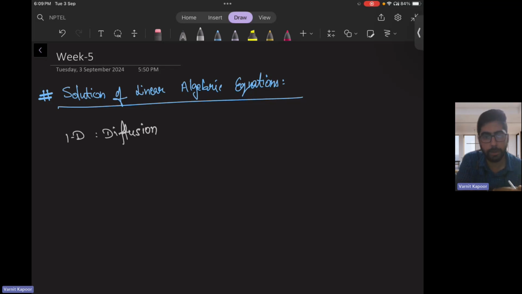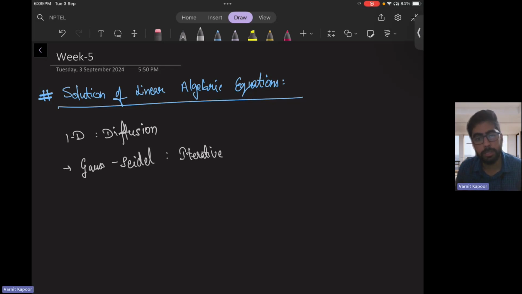Gauss-Seidel is an iterative method to solve, where you guess the values initially, and then you update the values. Next is the Gauss elimination method, which is a direct method.